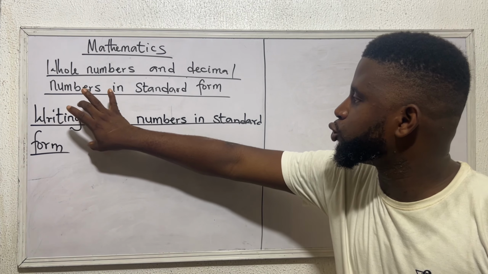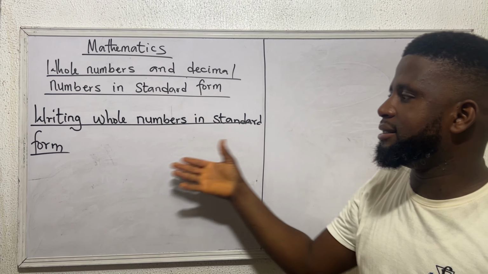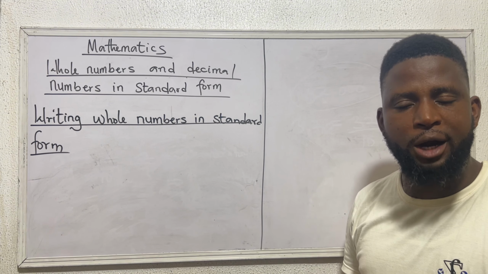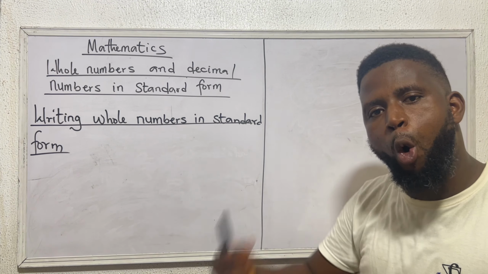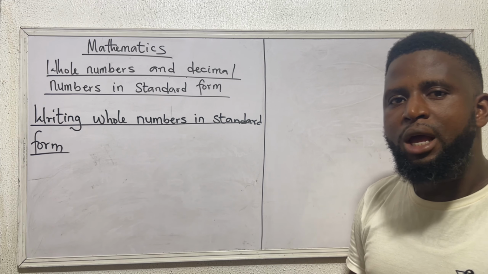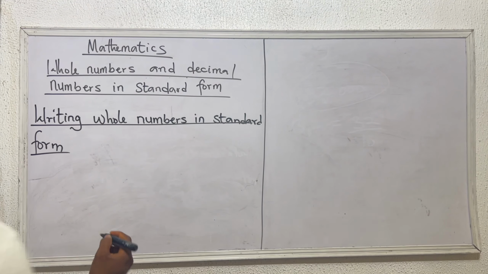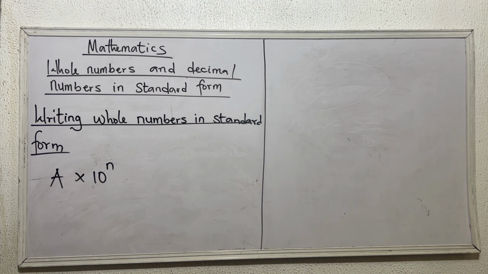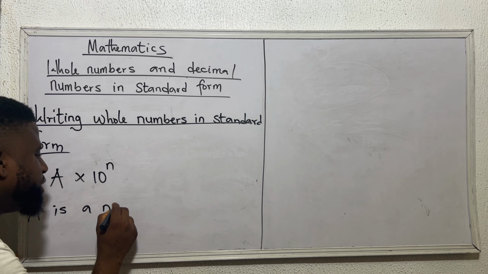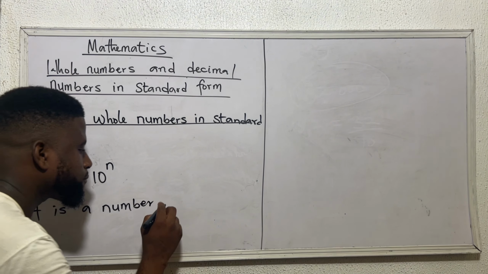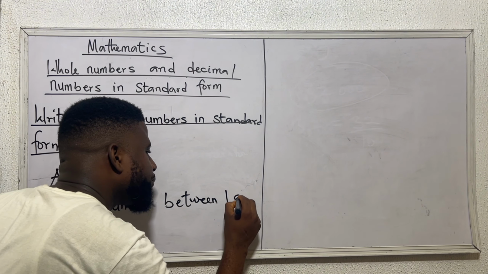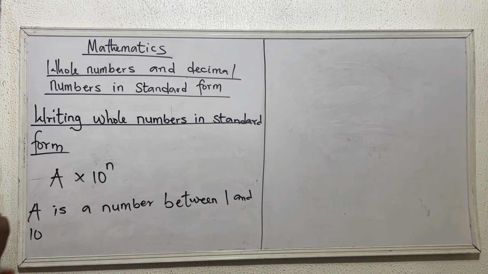Now, we want to write numbers in standard form. We know that whole numbers are numbers without fraction. Now, to write a number in standard form is to express that number in the form a times 10 raised to power n, right? Where a is a number between 1 and 10, right?